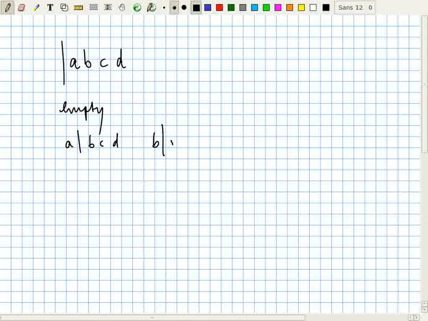So B, A, C, D, C, A, B, D, and D, A, B, C. I'll get in a minute to exactly how we make these strings, but right now if you look at the strings, you'll see that for each of the four choices of behind the vertical bar, I pulled it up and removed it from the end. So now I have these four things in the queue.